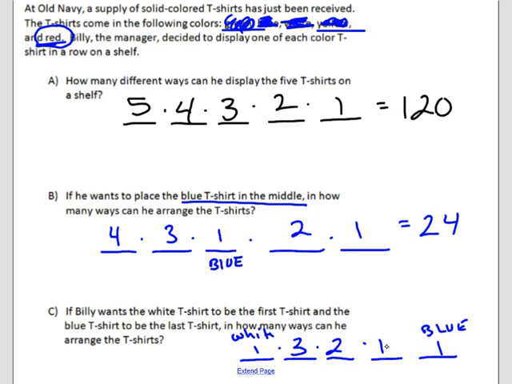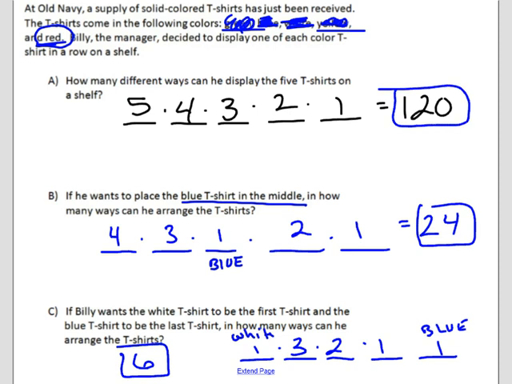So by locking up a couple of those, you can see we reduce the number of possibilities pretty quickly. 3 times 2 times 1 times 1 times 1 is just 6. So there are only 6 ways that he could arrange those if white has to be first and blue has to be last.